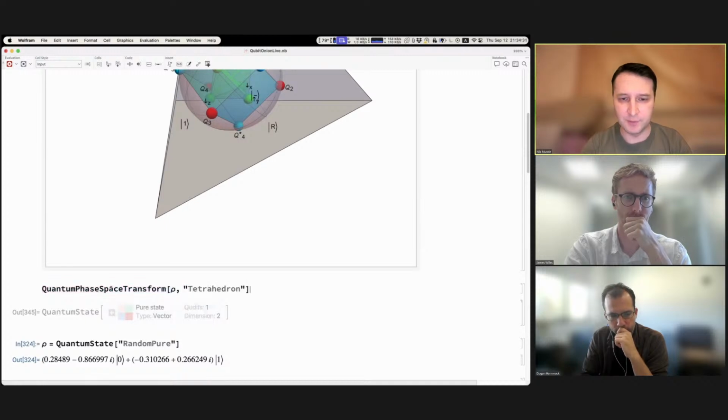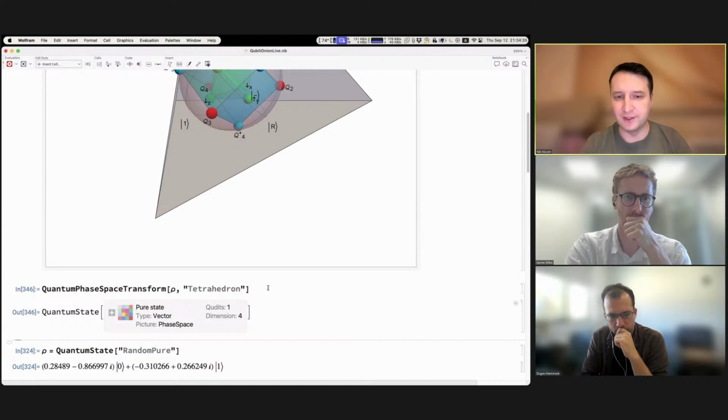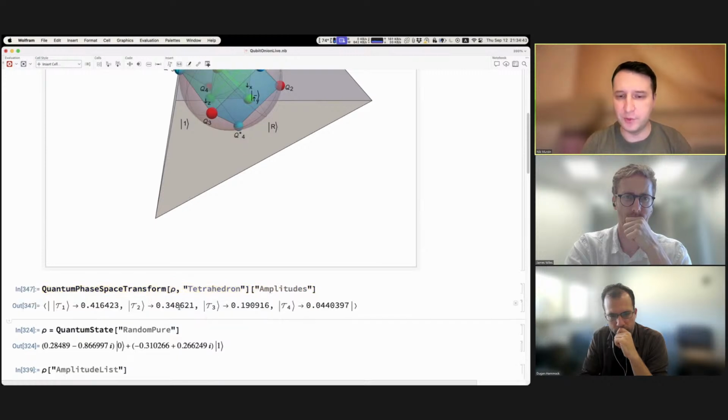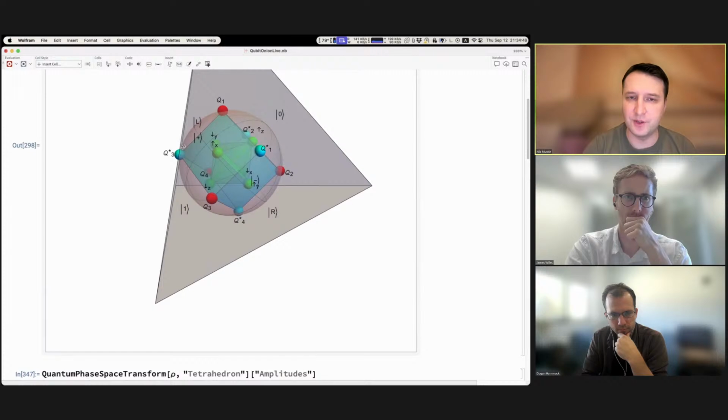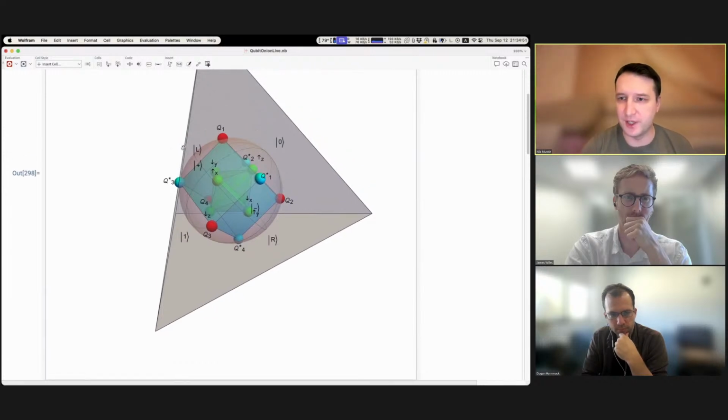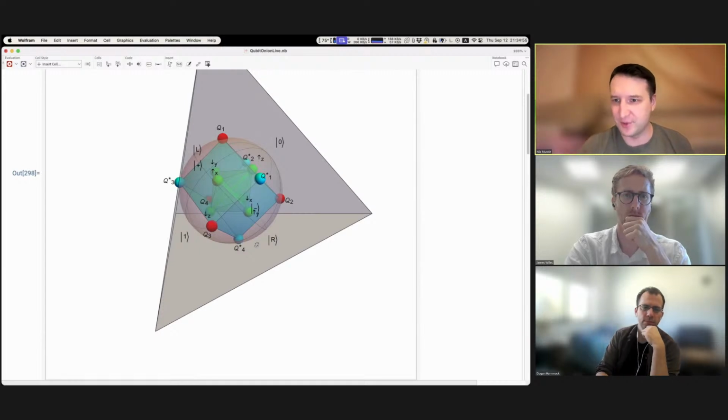And we have a special basis, which is also conveniently called tetrahedron, in which the state becomes 4-dimensional, but now its amplitudes are just 4 numbers representing those probabilities. So the numbers in this 4-dimensional space of probabilities, of which this is the projection. It's just looking at the projection.